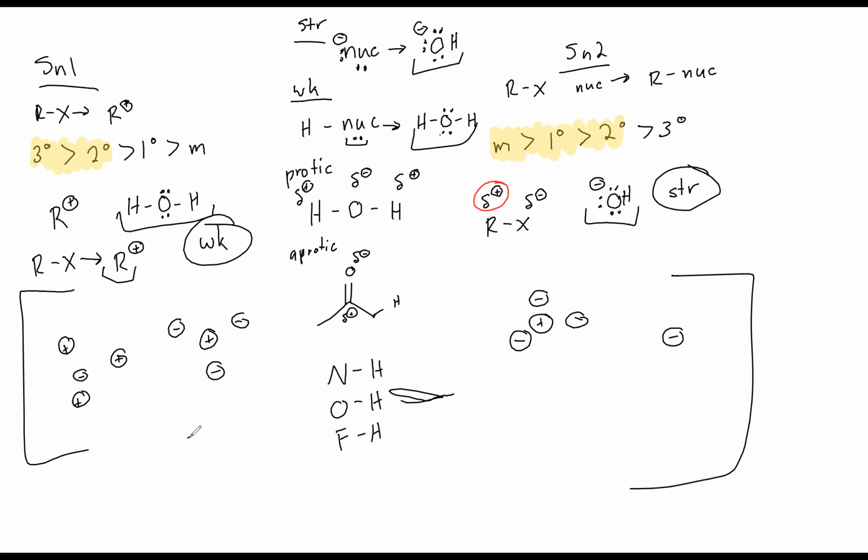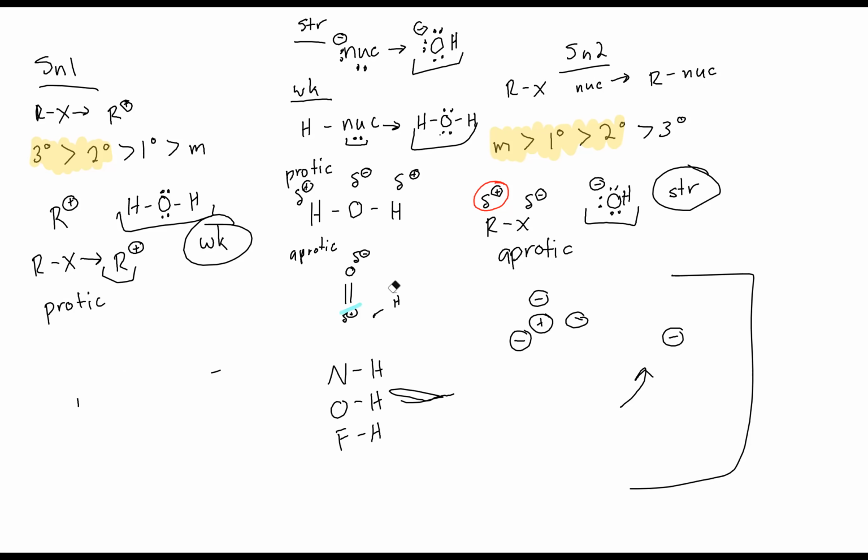Protic solvents will completely isolate portions of our reaction, whereas aprotic only partially isolates. So our SN2, with a need for speed, does not want to be separated. It wants to be as close to each other as possible. So SN2 prefers aprotic solvents, whereas SN1 wants time to make its carbocation, so it prefers protic solvents. Does that all make sense so far?